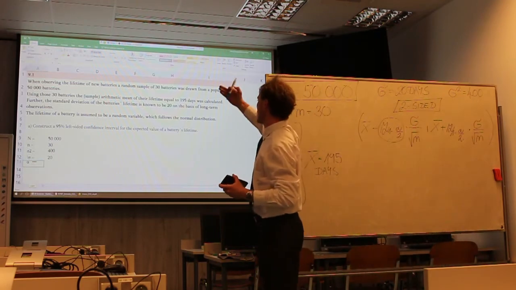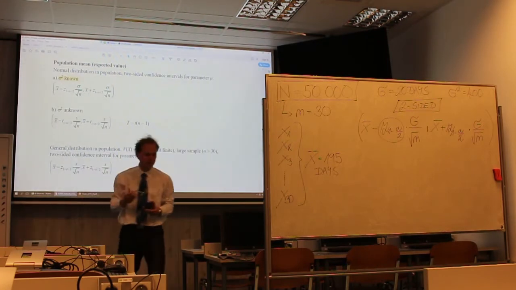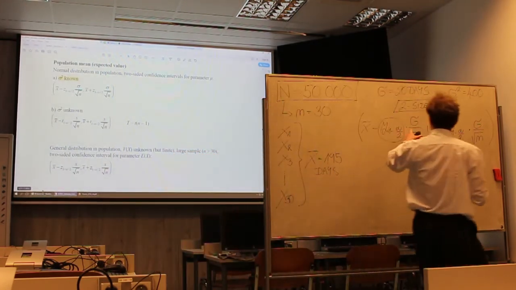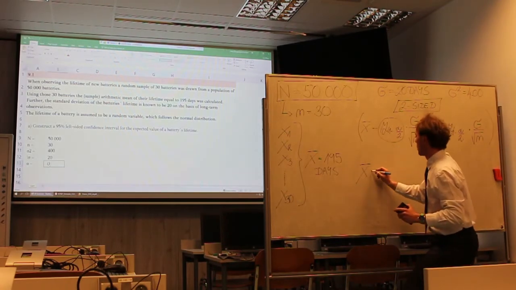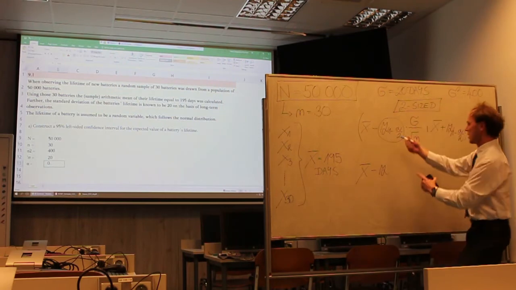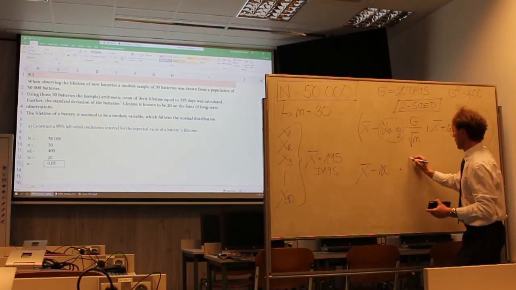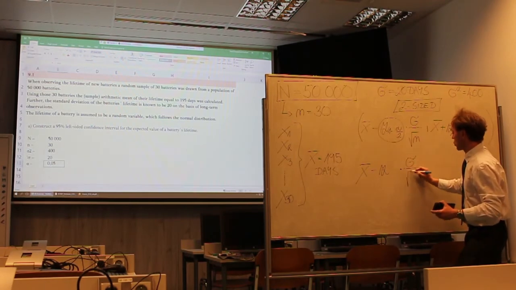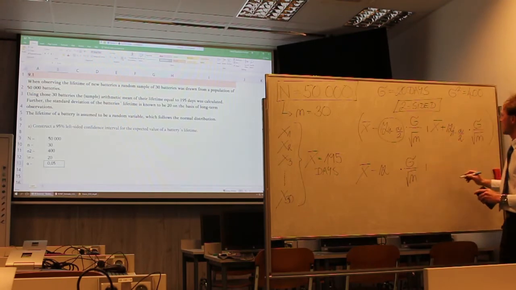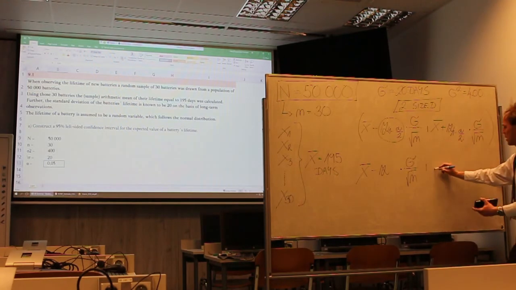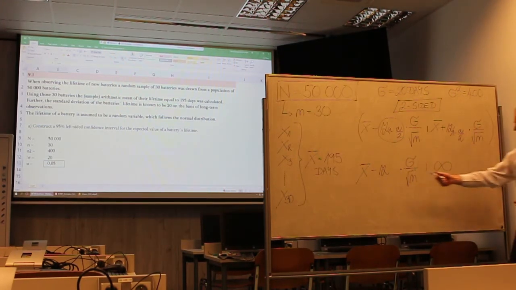I must construct a 95% left-sided interval, so I will calculate the left side: x with stripe minus the standard normal quantile times sigma divided by square root of n. This will be the left side, and the right side will be infinity days.